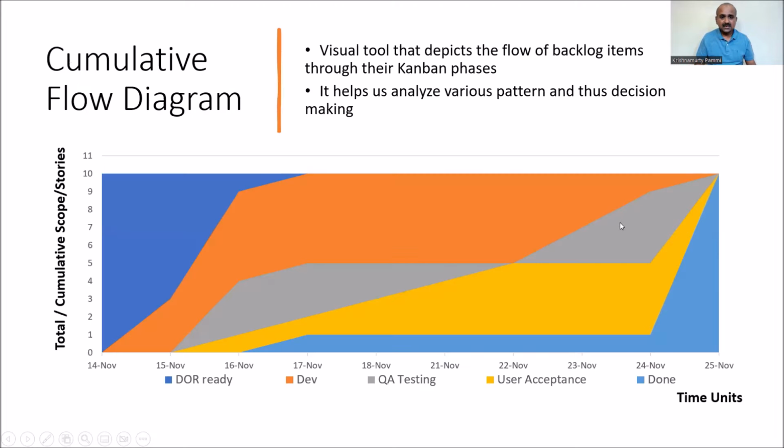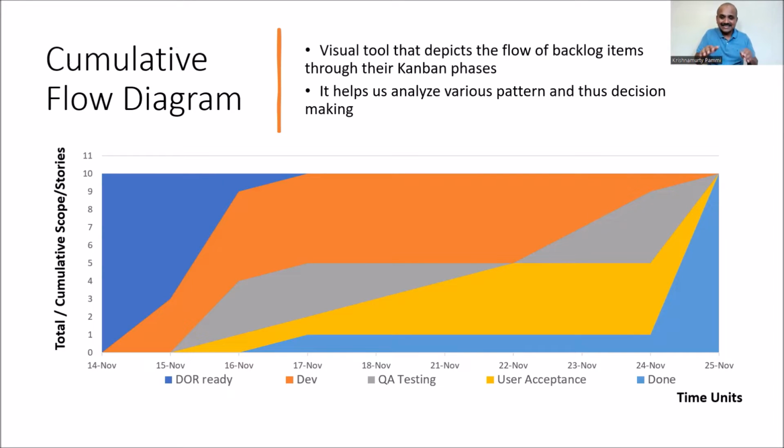Okay. Now, what is cumulative flow diagram? Cumulative flow diagram is a visual diagram that tells us how the respective user stories, that means all these 10 user stories, are flowing through the different phase gates, right? The definition of ready, development, QA testing, user acceptance testing, and done or deployment.